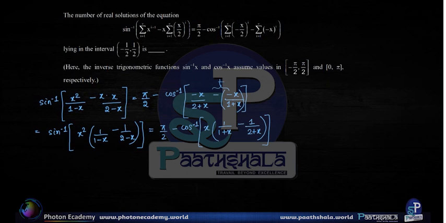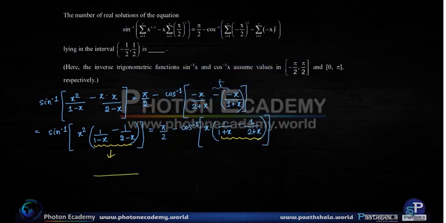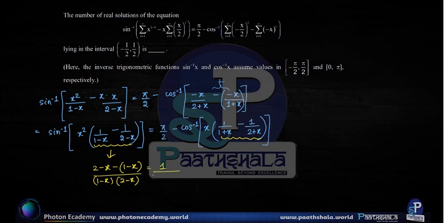Now if we take the LCM of these terms, this becomes 1 minus x into 2 minus x, and the numerator is 2 minus x minus of 1 minus x, which is equal to 1 divided by 1 minus x into 2 minus x.